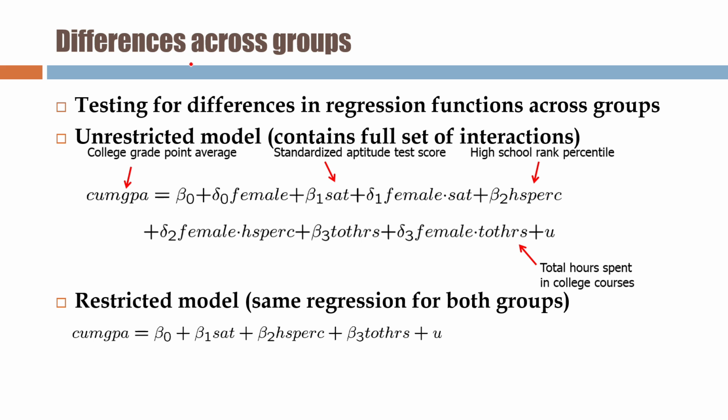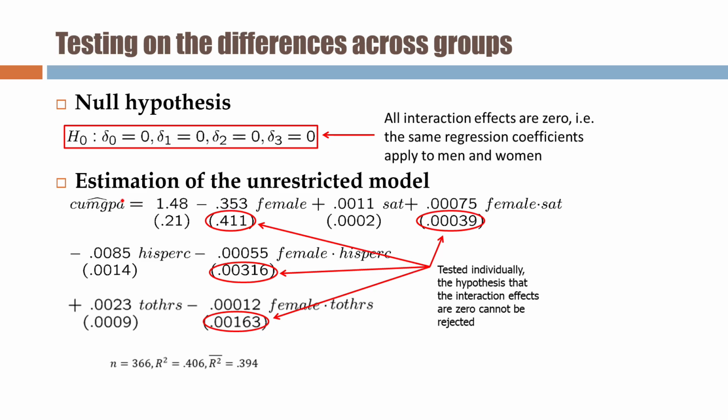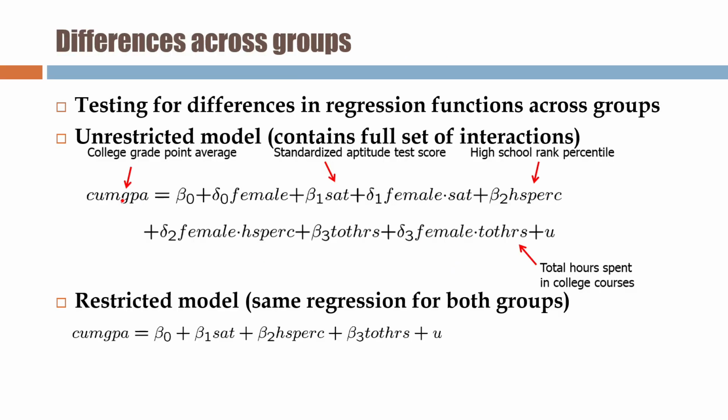Difference across the group. So we are testing the difference in the regression function across the groups. So we want to see the cumulative GPA. Is it female or male?